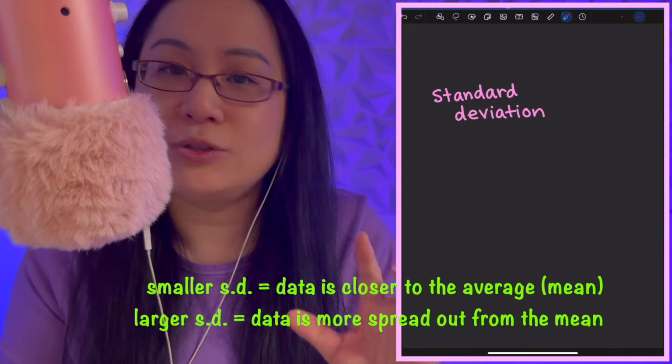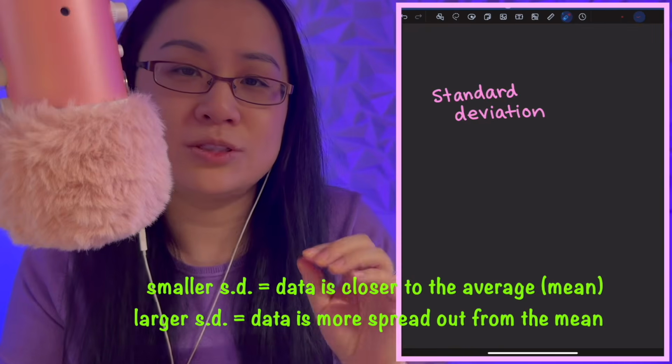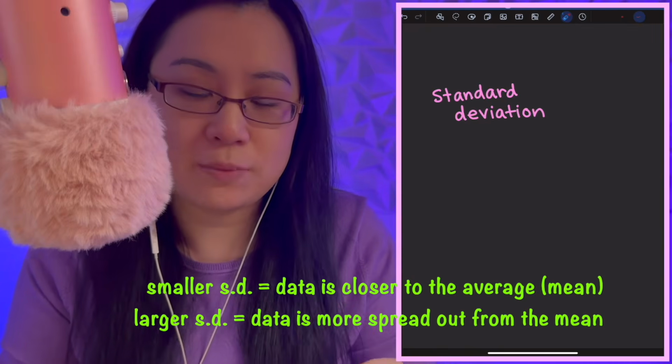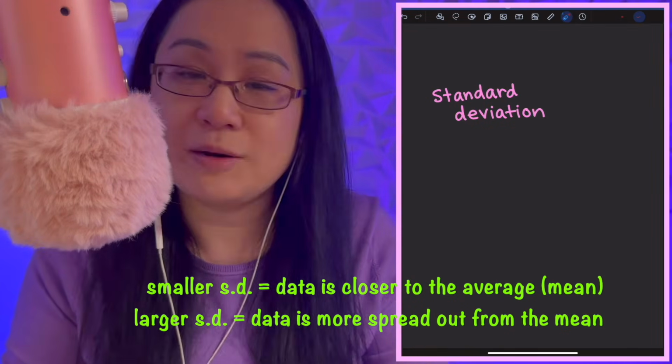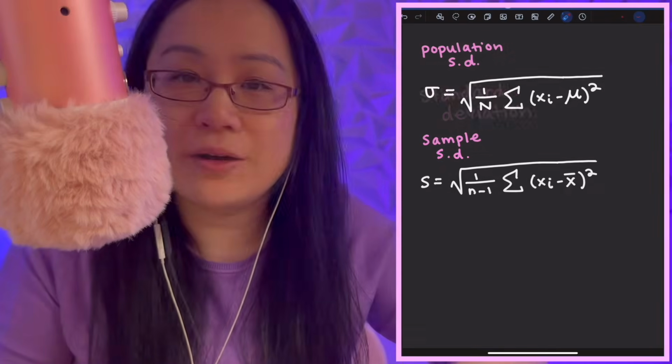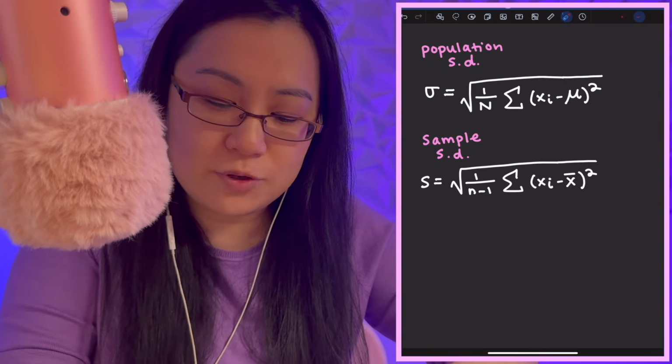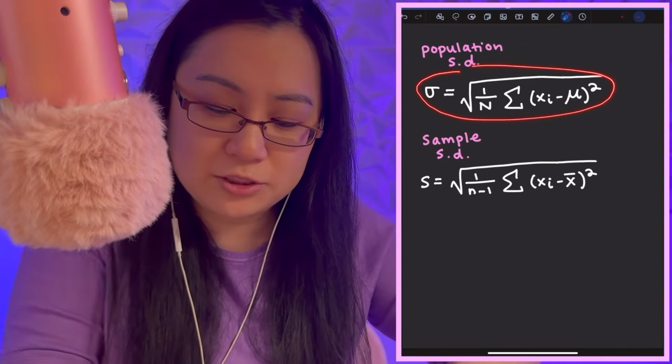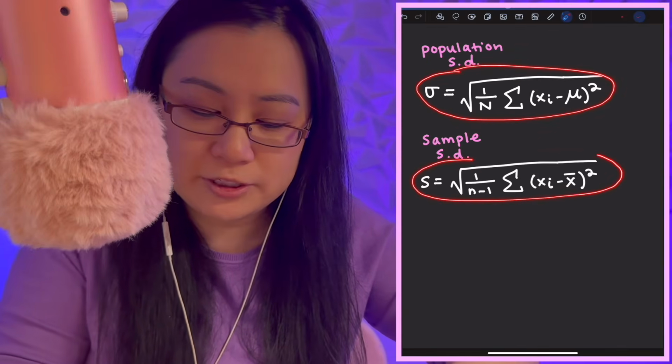There are actually two different situations, so two similar but slightly different formulas that can be applied to calculate a standard deviation. Let's take some time to go over these formulas, just the big picture here.